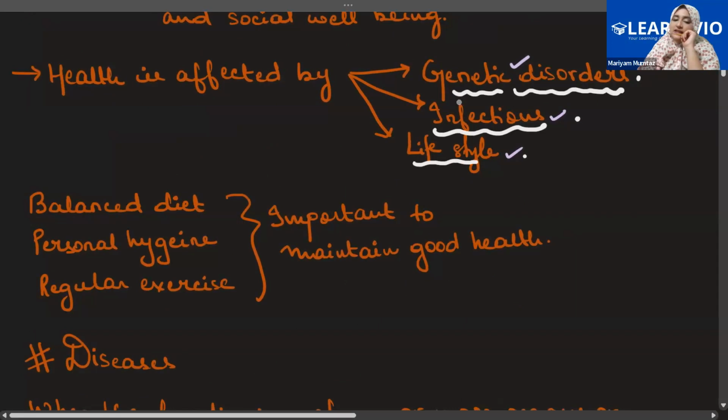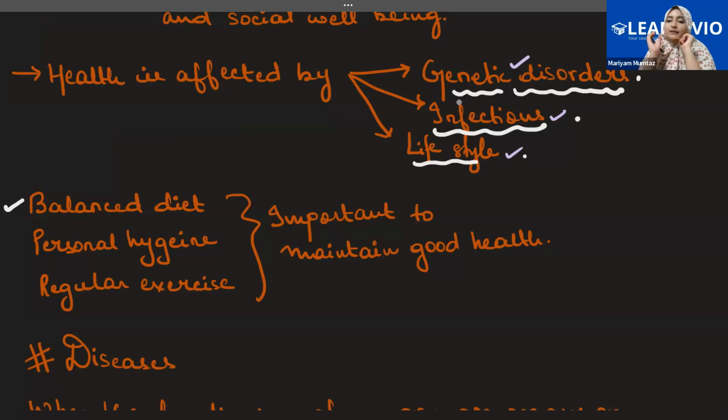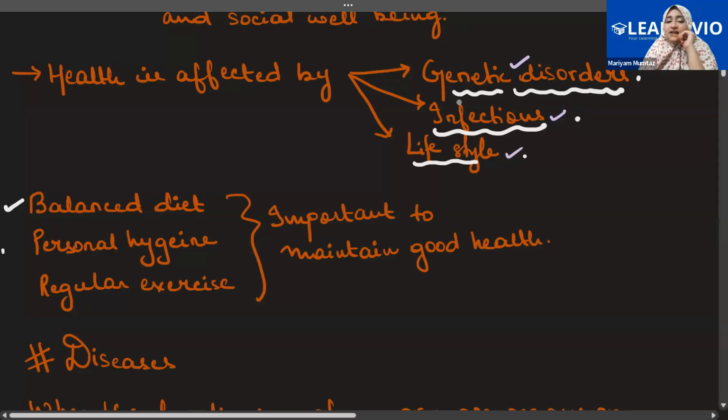What must you do to improve or maintain good health? Have a balanced diet, one that consists of all the nutrients in appropriate amounts: carbohydrates, proteins, fats, vitamins, minerals, roughage, and water. Then personal hygiene.